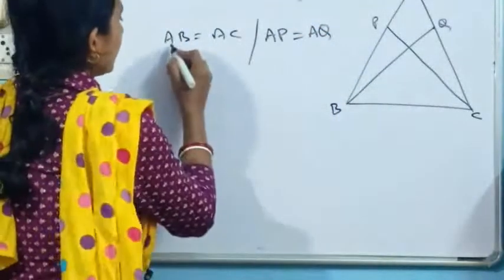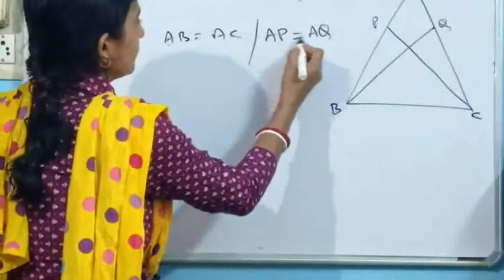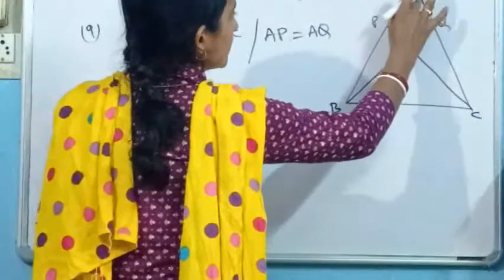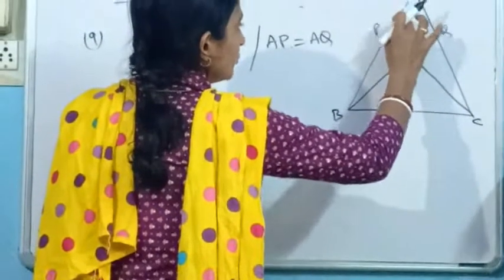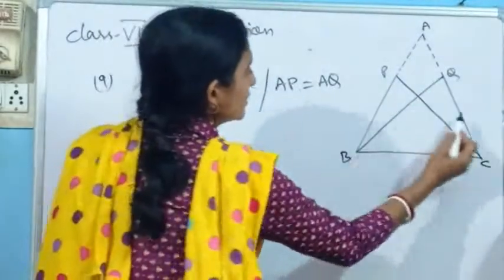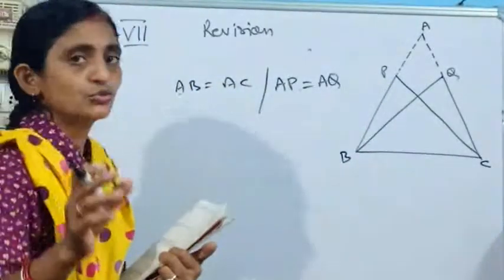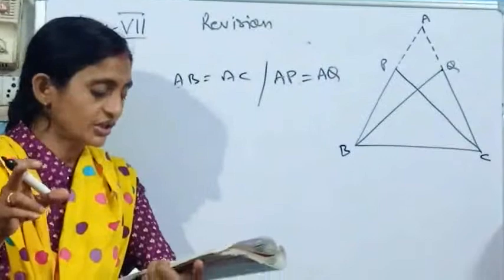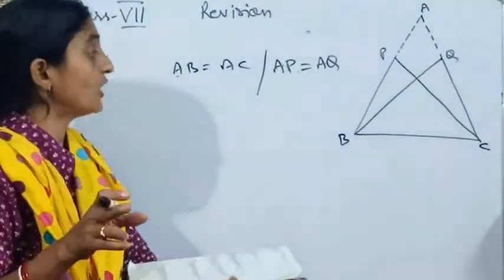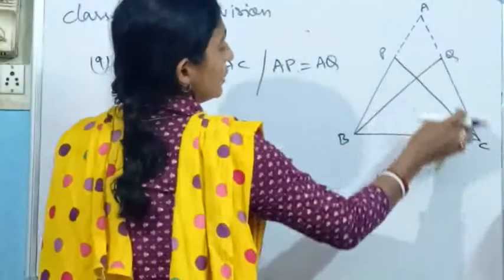So if from that AB and AC, AP and AQ are equal, what is remaining on that? If I am removing this part, let's take these two triangles. Okay, I am coming to this one. Here you have asked in the later part, you have asked to prove that BQ equal to CP.